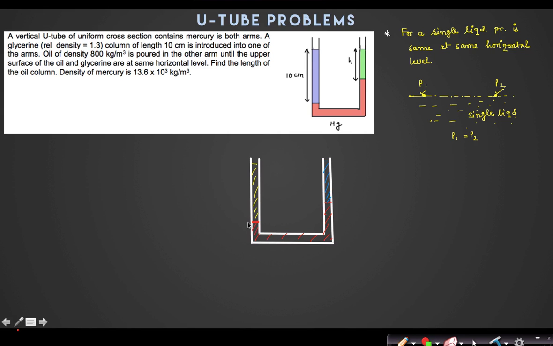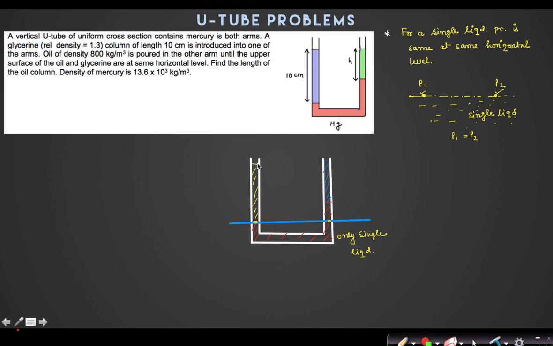Definitely I will take this level to be the line where the pressures are the same, because below this line there is only one liquid, yes or no? Only a single liquid is there. So the pressure at this point and this point must be the same.